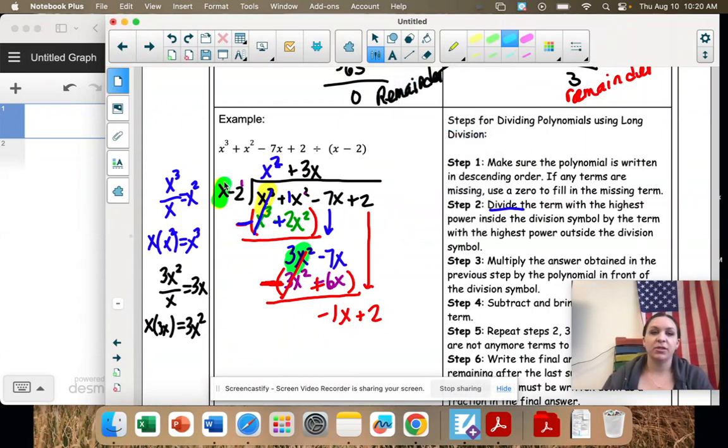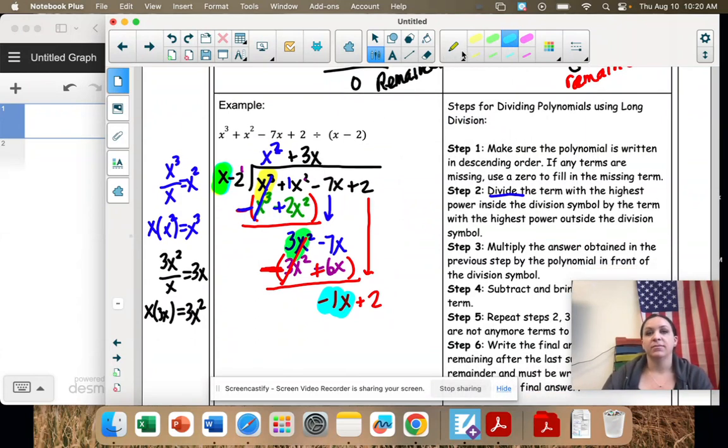Okay, so now we're focusing on this x and this x. So what do we need to add to our quotient? What times x gives you negative x? And if you're not sure, divide them. Negative 1x divided by x is just negative 1.